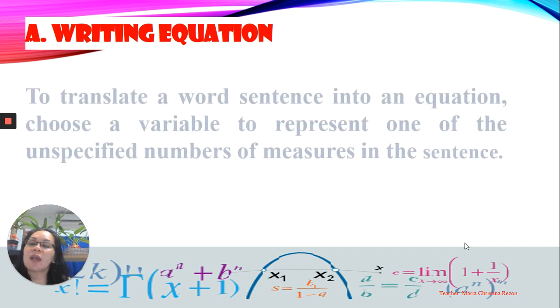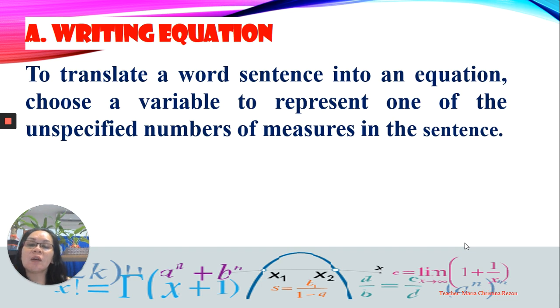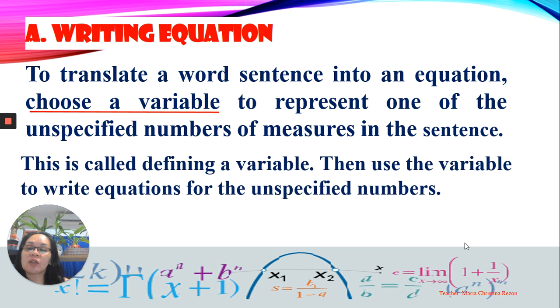Writing equations is actually translating a word sentence into an equation by choosing a variable to represent one of the unspecified numbers or measures in the sentence. This is actually called defining a variable. Then use the variable to write equations for the unspecified number.